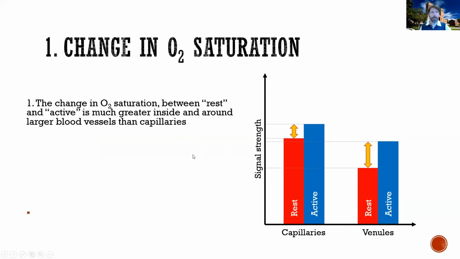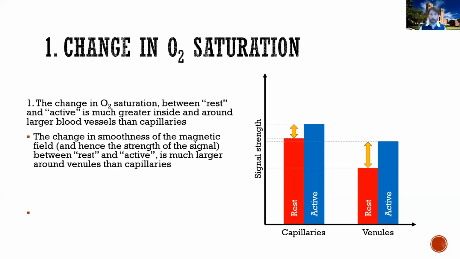So, to summarize this, the change in oxygen saturation between the rest condition and the active condition is just much greater inside and around larger blood vessels than it is inside and around capillaries. In other words, the change in smoothness in the magnetic field, and hence the strength of the signal between rest and active, is just so much larger around venules than it is around capillaries.